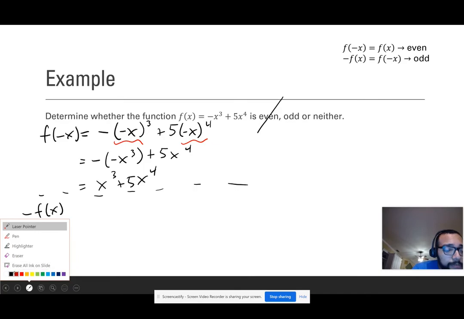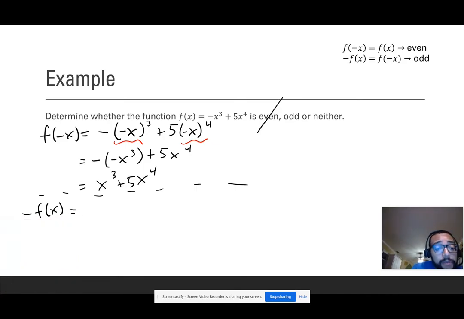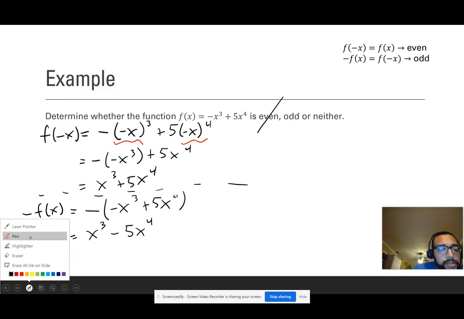So here, negative f of x, so negative, plug in your f of x, which is negative x cubed plus 5x to the fourth. Hey, this looks promising, right? Because when I distribute this negative, negative times a negative x cubed is x cubed. Oh, but a negative times a 5x to the fourth, oh, that's weird. Is negative 5x to the fourth. Yikes.